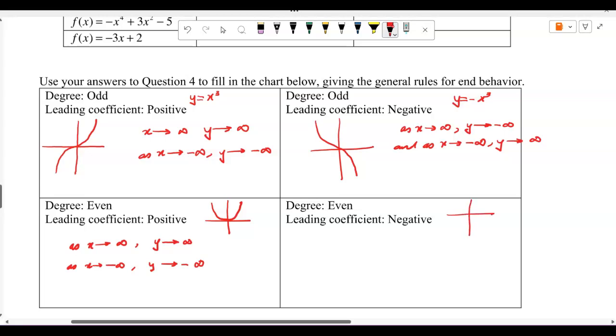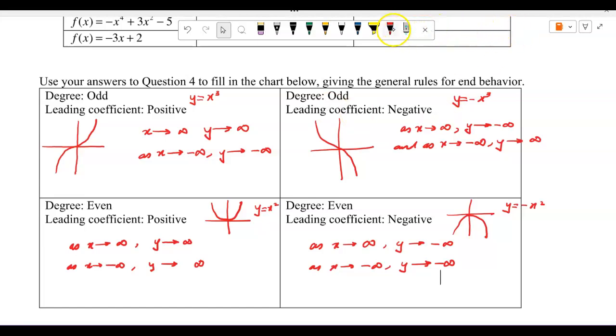So you can just think of it like this. This is y is equal to x square, and this you can think of as y is equal to minus x square. Y also goes to negative infinity, correct? This is positive infinity.